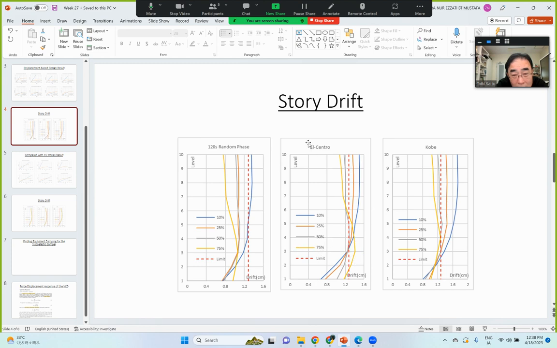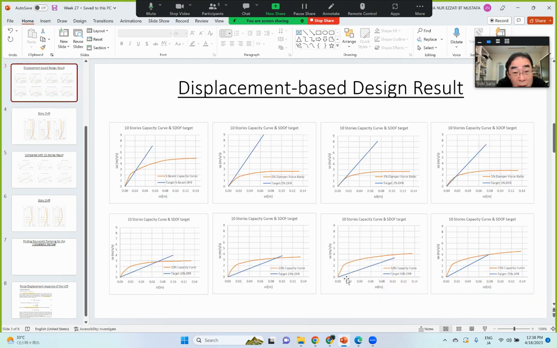If you can see under El Centro, the 75% at the bottom story already exceeds the drift limit, but for 50%, all the drift is less than the maximum drift for all the earthquakes. So in my conclusion, I can say if the blue line is less than the capacity curve, we can say that the building has adequate design performance. If it's lower, it's probably over design.